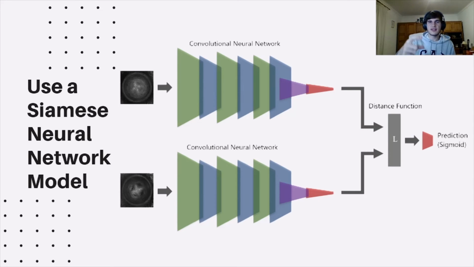It gets the output from those convolutional neural networks, the feature vectors, and computes a distance. If the distance is low, it means that the pairs are from the same gun model, and if the distance is high, it means that they are from different gun models.